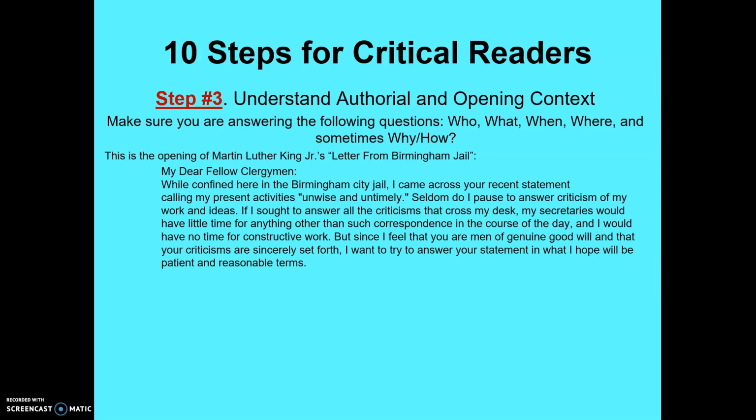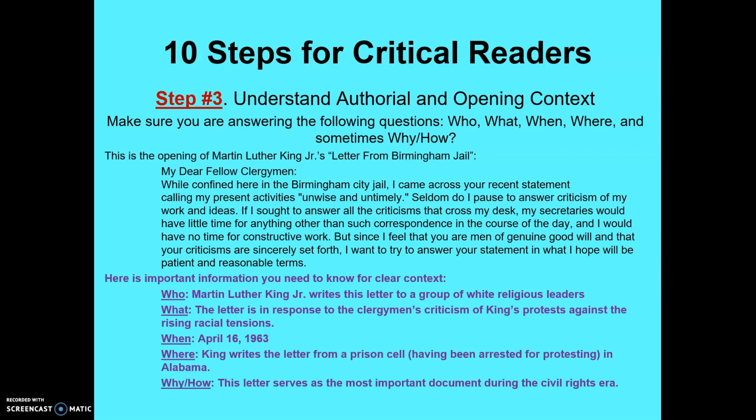But why I wanted to use this document is to map out the context. Here we go. The who. Who is writing this letter and who is he writing to? So first of all, this letter is from Martin Luther King Jr., and he is writing to a group of white religious leaders.